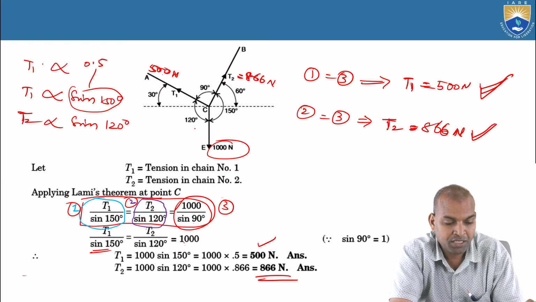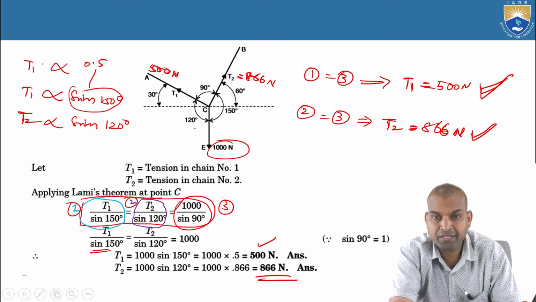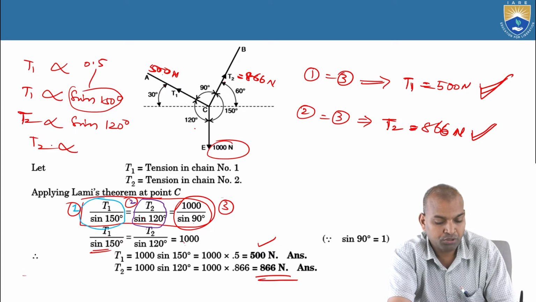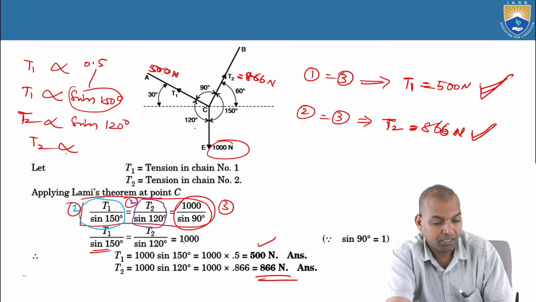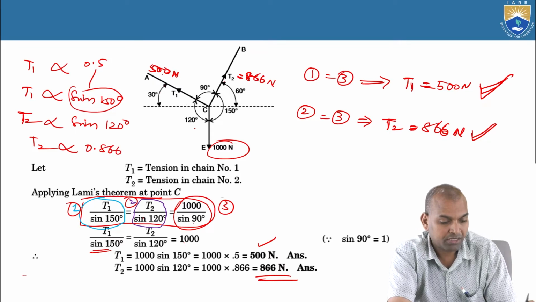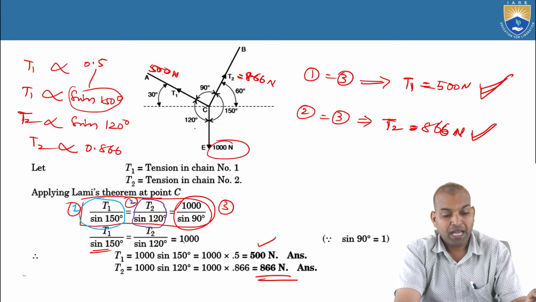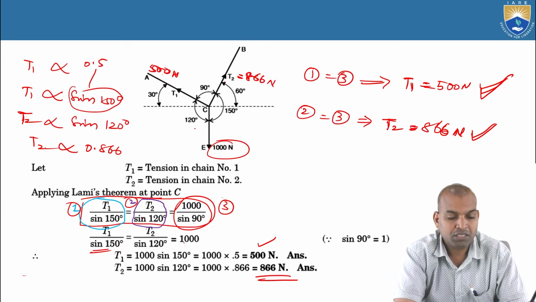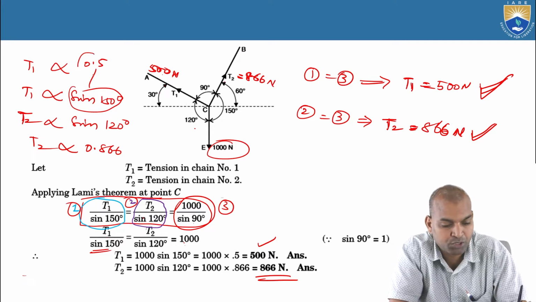That means T1 is proportional to 0.5, whereas T2 is proportional to the sine of 120, that is 0.866. So the proportionality value 0.866 for T2 is greater than the 0.5 for T1.